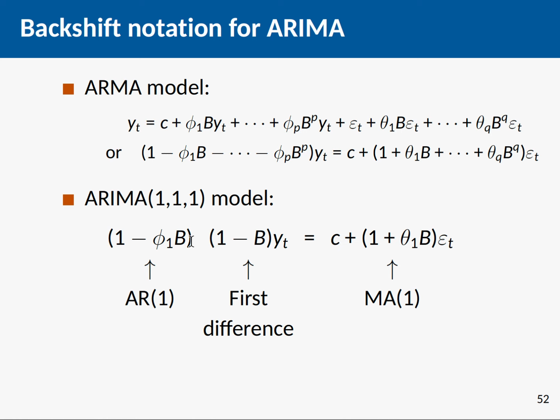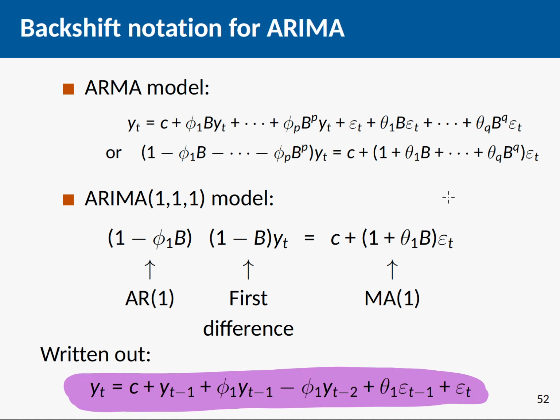It's 1 because B is to the power of 1, and then the first difference, which is the number of times you need to difference the time series to make it stationary. In this case, it's just 1 time. And then finally, the MA(1) component on the right side. If you open this up, you would get the ARIMA(1,1,1) representation.